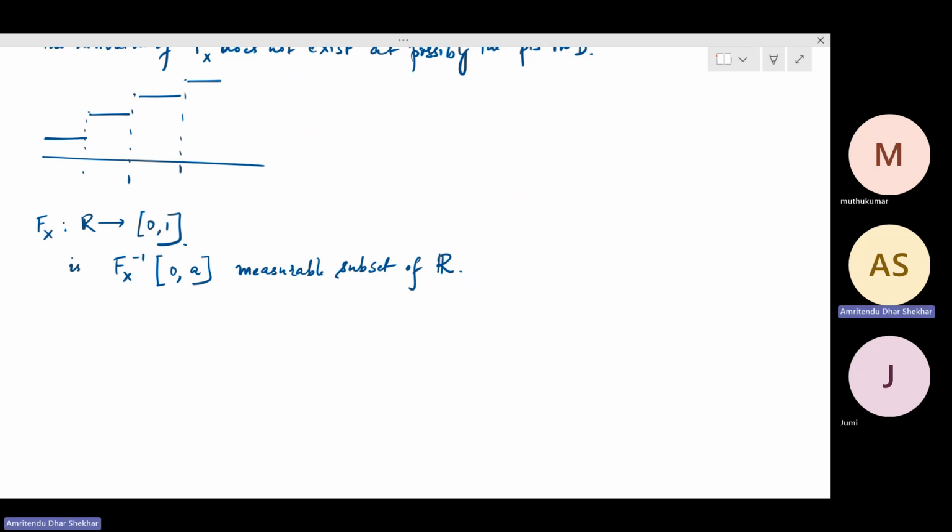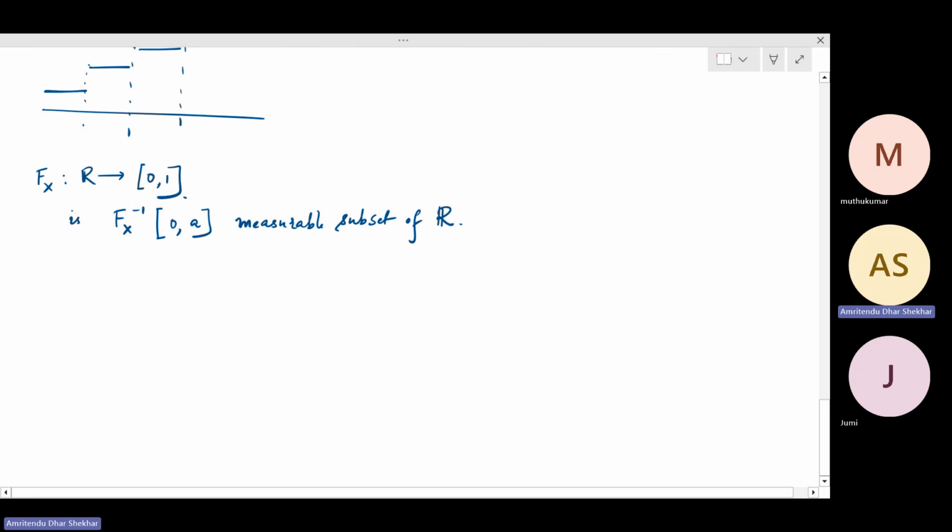Well, it suffices to ask this question, which is easier to answer. Is this a measurable subset of R?